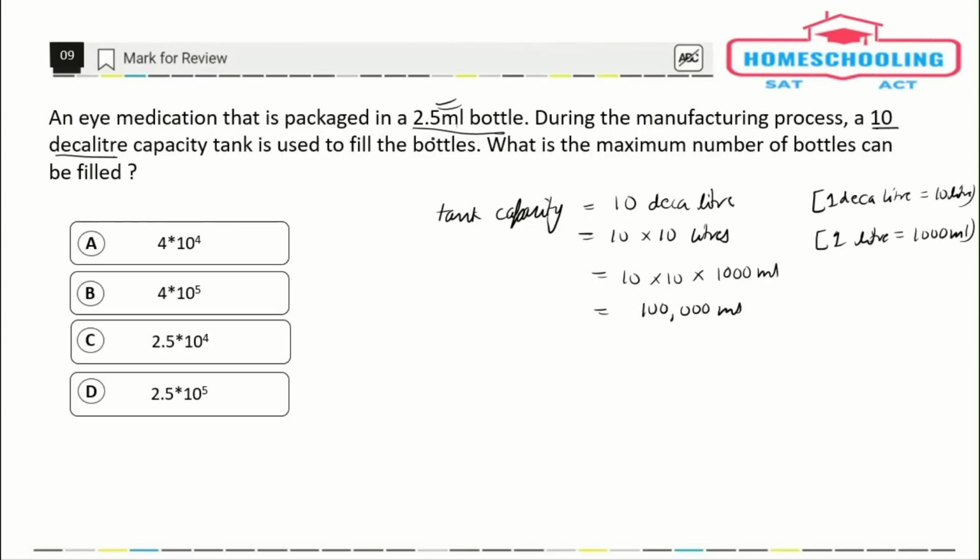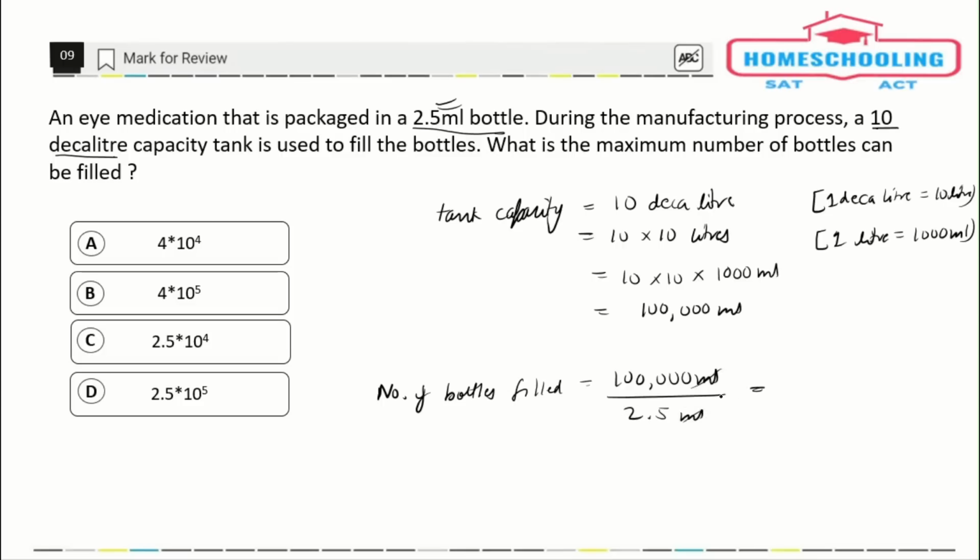So we have to pack the liquid that is in this tank into these 2.5 ml bottles, so we will divide. To find the maximum number of bottles filled, it is equal to 100,000 ml divided by 2.5 ml, because one bottle has 2.5 ml, so ml get cancelled.